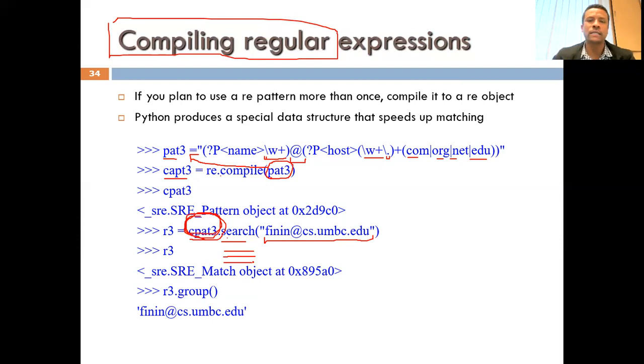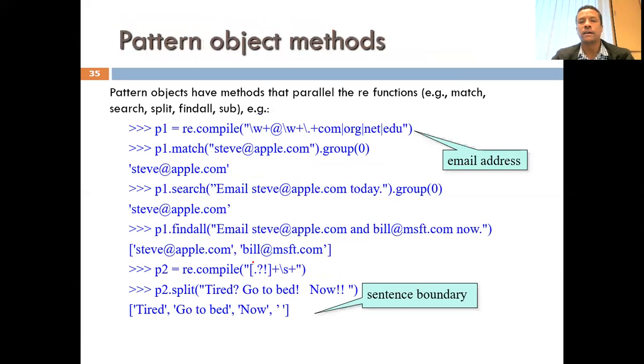Once you are sure that the pattern is correct, then you can compile it and use it with many other functions. So these are some of the patterns that you can do. For instance, this is what we have said about an email, right? This is one alternative to identify an email.